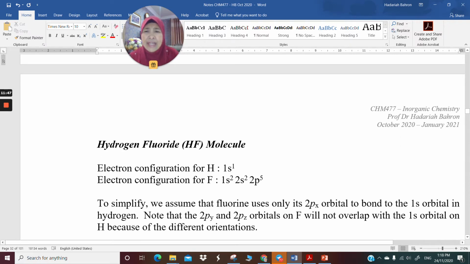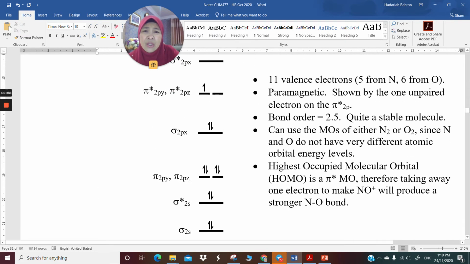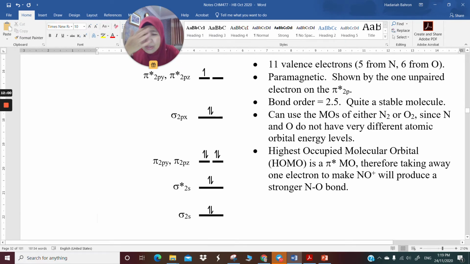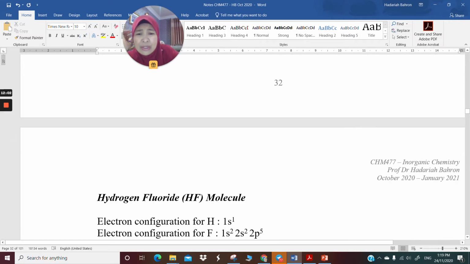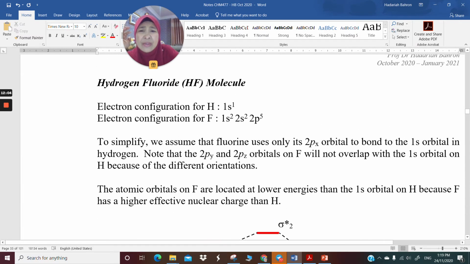So I'm going to go next into another heteronuclear diatomic molecule as well, but this time you cannot use the molecular orbital like this because the atomic orbitals of HF, hydrogen fluoride, totally have different energy levels.